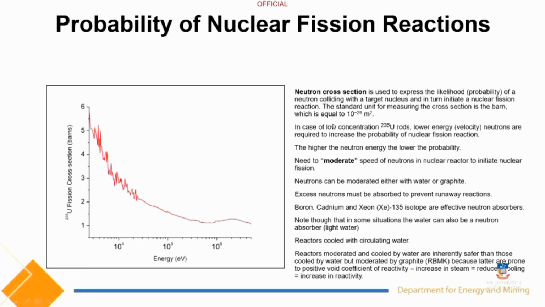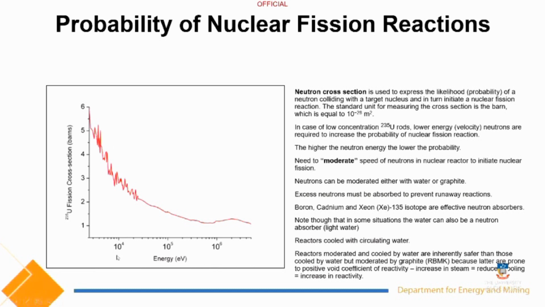The units of this cross-section are 10 to the minus 28 square metres, so it's a very small area. This graph here illustrates the probability of a nuclear fission reaction in terms of the cross-section versus the energy of the neutrons.